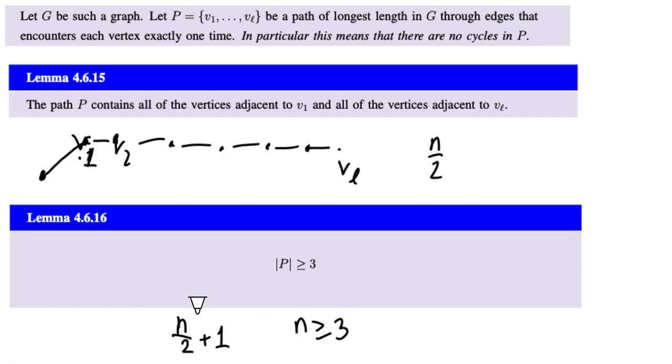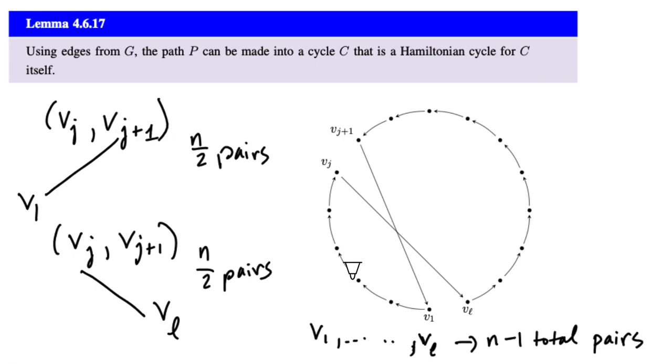That means we've accounted for at least 3 halves plus 1, so round up to the nearest integer: 2 plus 1, 3. We've accounted for at least 3 vertices. So given our setup, this path has to be at least size 3. Okay, now let's see what we can do with that.